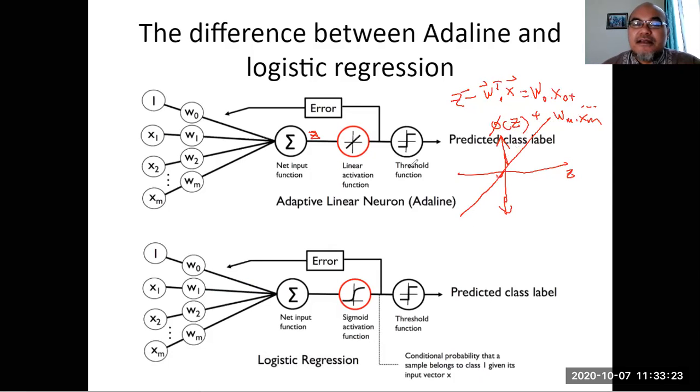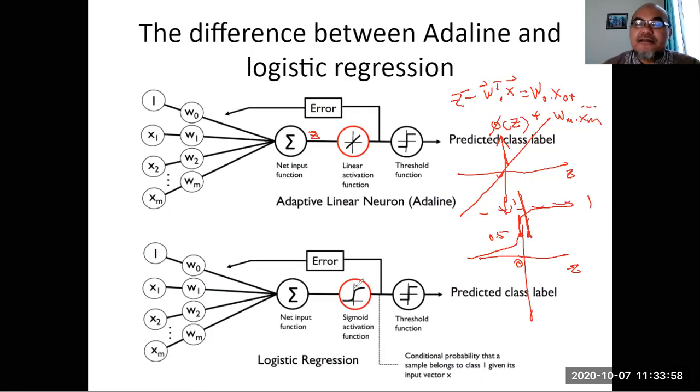However, after it is trained, we put it into the threshold function, similar to the perceptron. In sigmoid, on the other hand, we limit the value from z. If it is 0, it should be half. If it is minus infinity, then it will be 0, and this one equals 1.